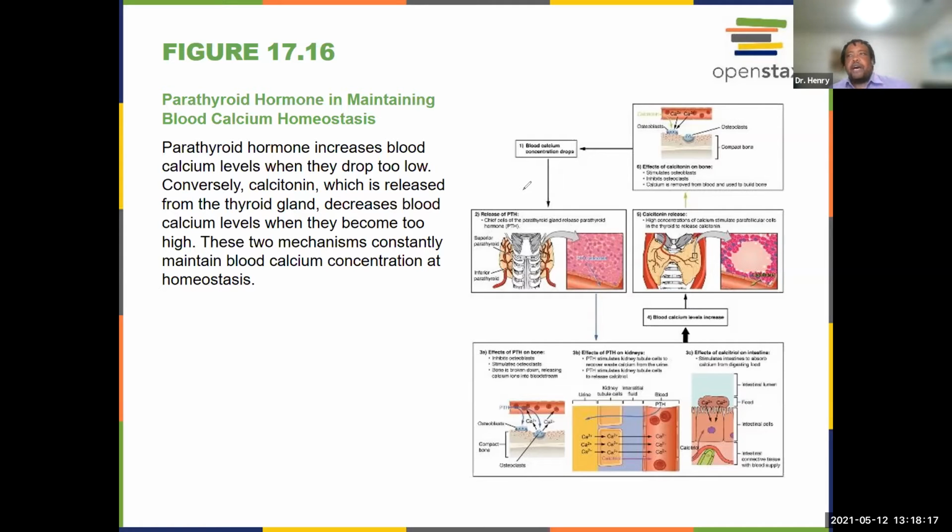So if my parathyroid gland is hyperactive, meaning that it's producing too much PTH, so we have an increase in PTH, the parathyroid hormone, what's going to happen?